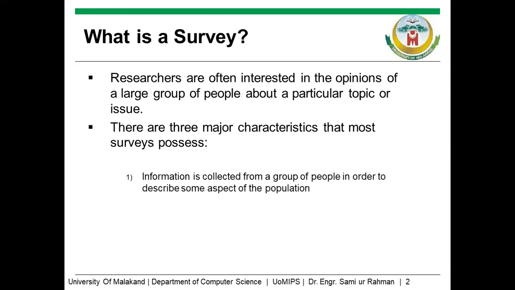Number one is information is collected from a group of people in order to describe some aspects of the population. So population is actually the whole number in a given group which we are interested to study.